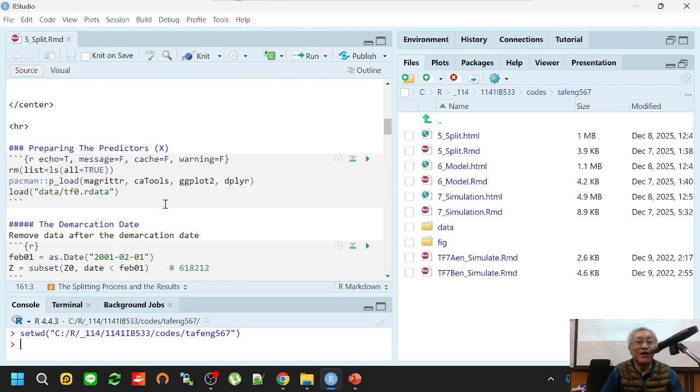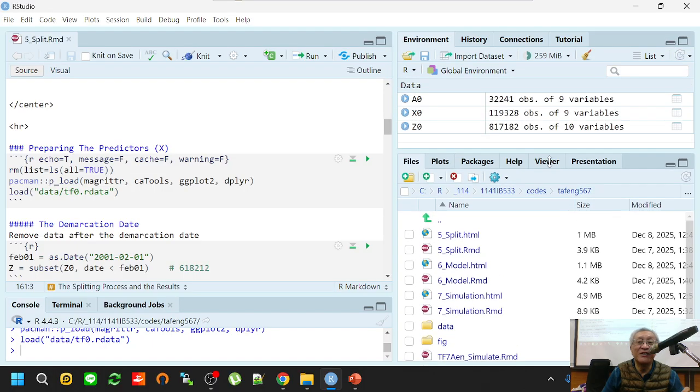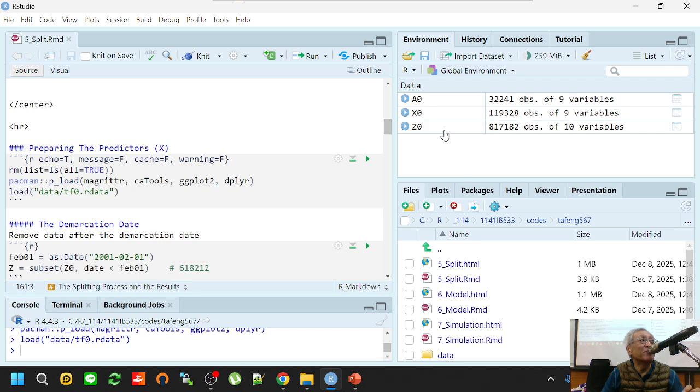And first of all, we simply load the data, right? This is the data that we saved previously in Taiwan 1, 2, 3. So when we load the data, we'll see that we have 3 data frames, right? You still remember what is inside the 3 data frames?